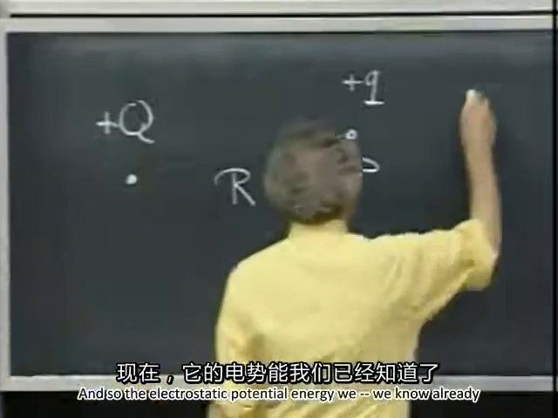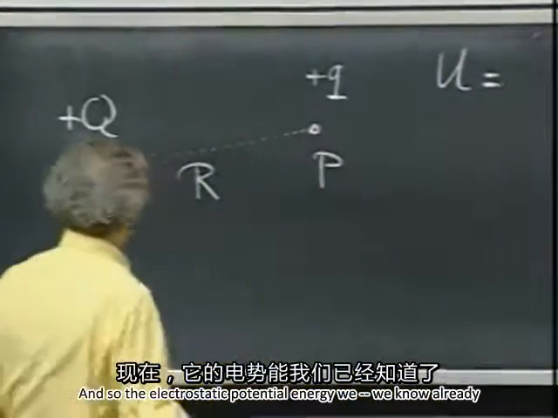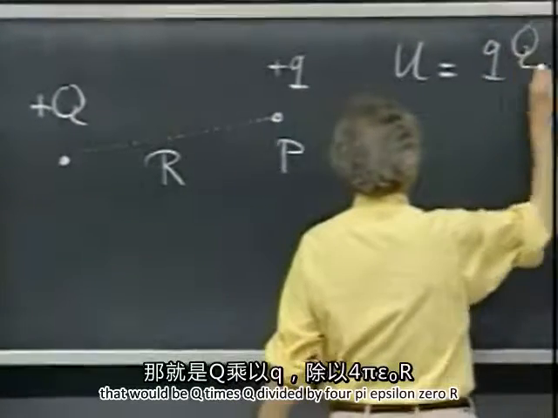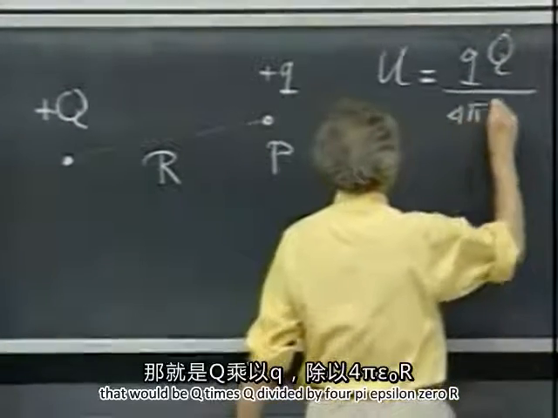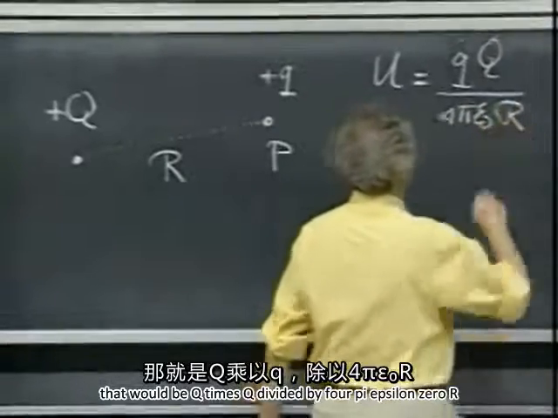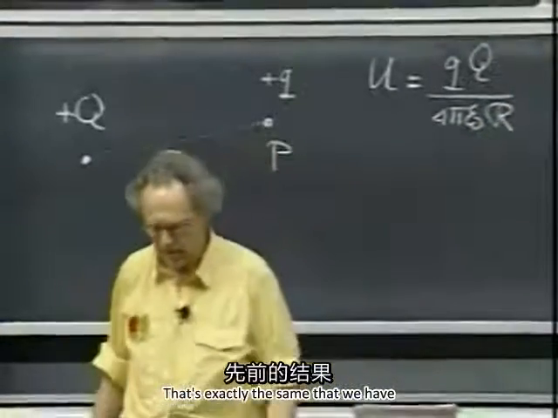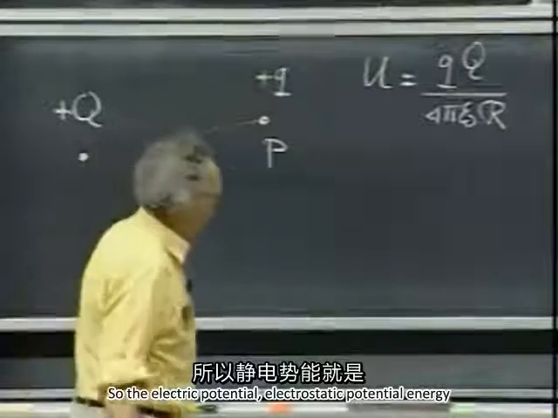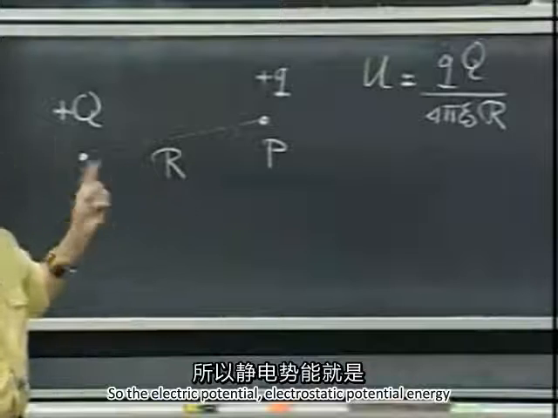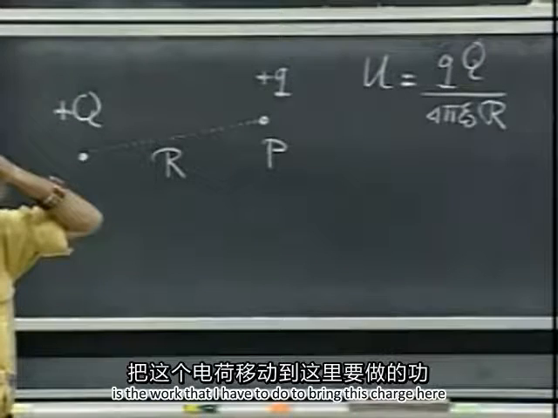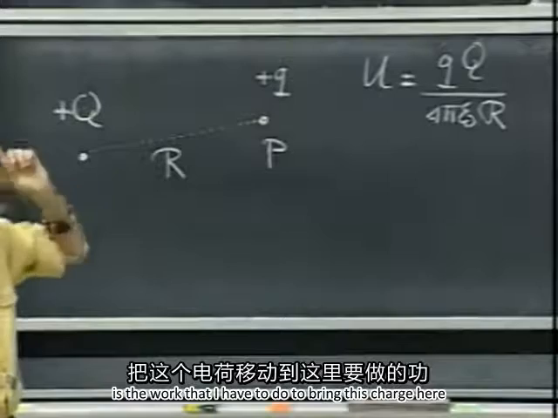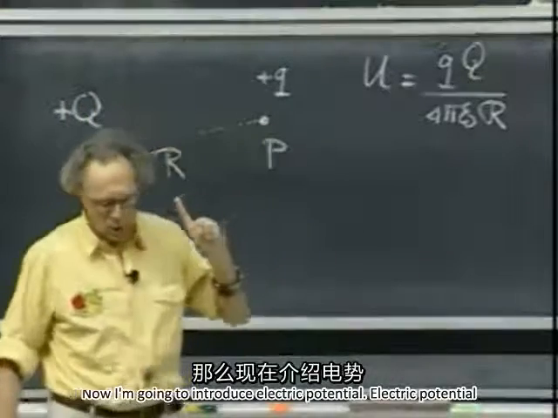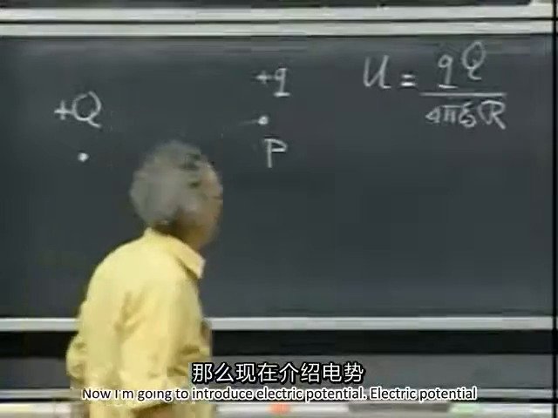And so the electrostatic potential energy, we know already, we just calculated it, that would be Q times q divided by 4 pi epsilon 0 R. That's exactly the same that we have. So the electrostatic potential energy is the work that I have to do to bring this charge here. Now I'm going to introduce electric potential.